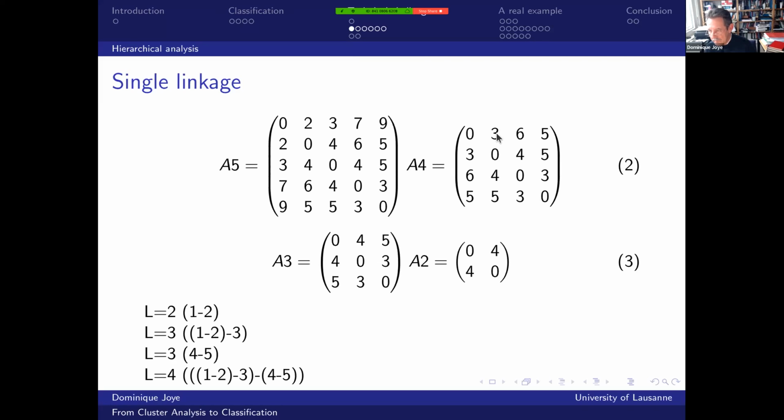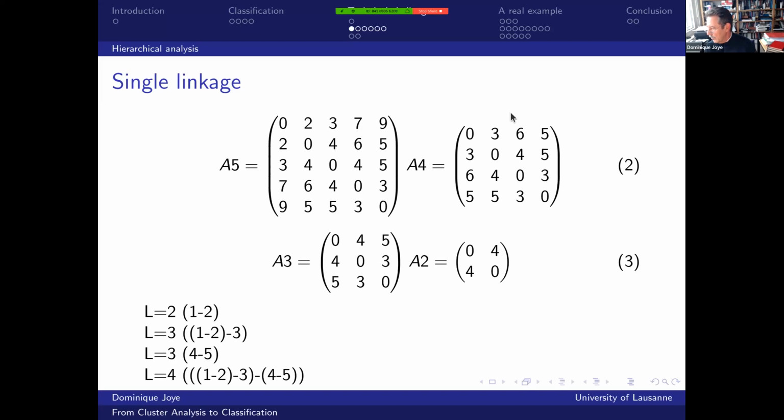Okay? The same. My distance of the object 1 to the object 4 is 7. From the object 2 to the object 4 is 6. So the smallest of these 2 distances is 6. Okay? And so I can compute a new matrix where I have 4 objects and no more 5, because I have 1 and 2 put together.